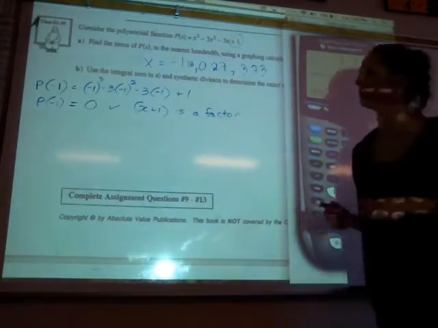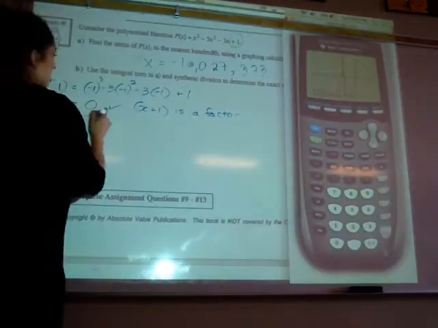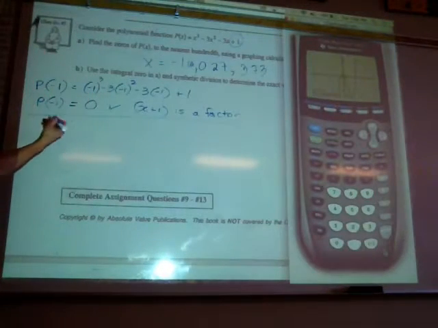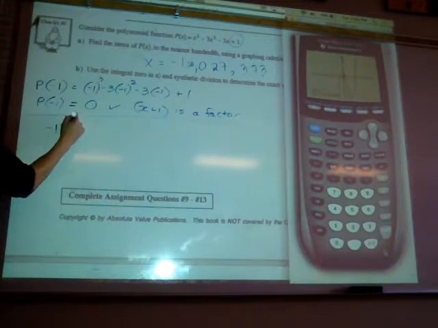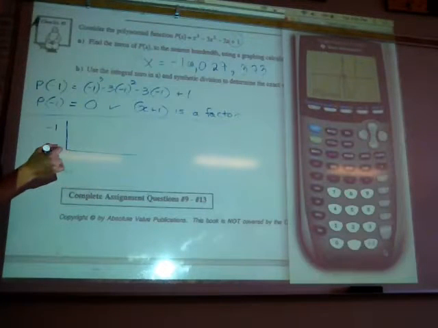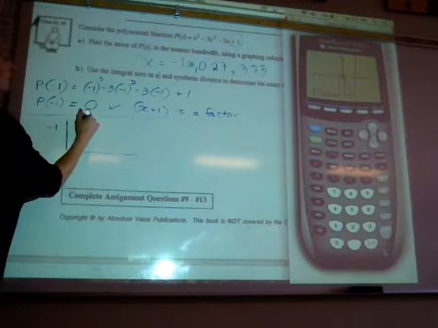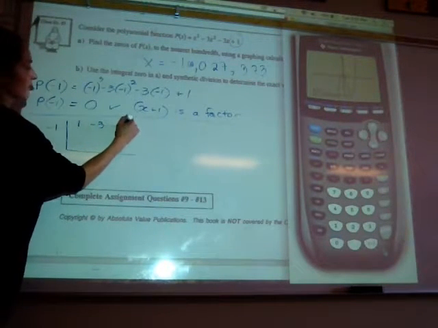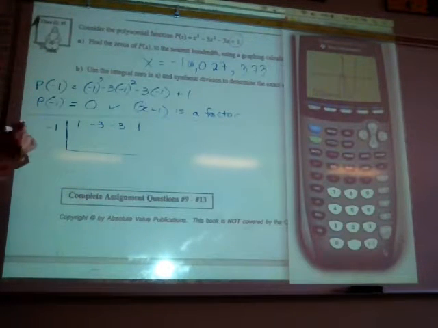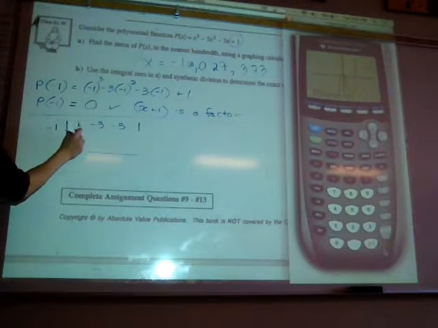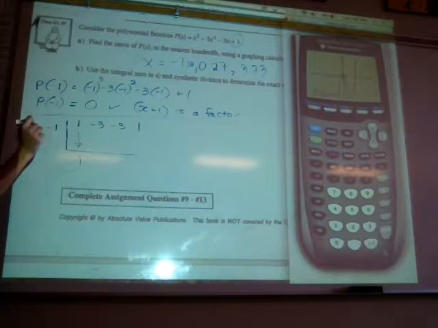Okay. So once we found our first factor, we can go into synthetic division. Negative 1 on the side, coefficients of the polynomial up top. 1, negative 3, and 1. And we're just going to go through the process, figure out what our quotient is.